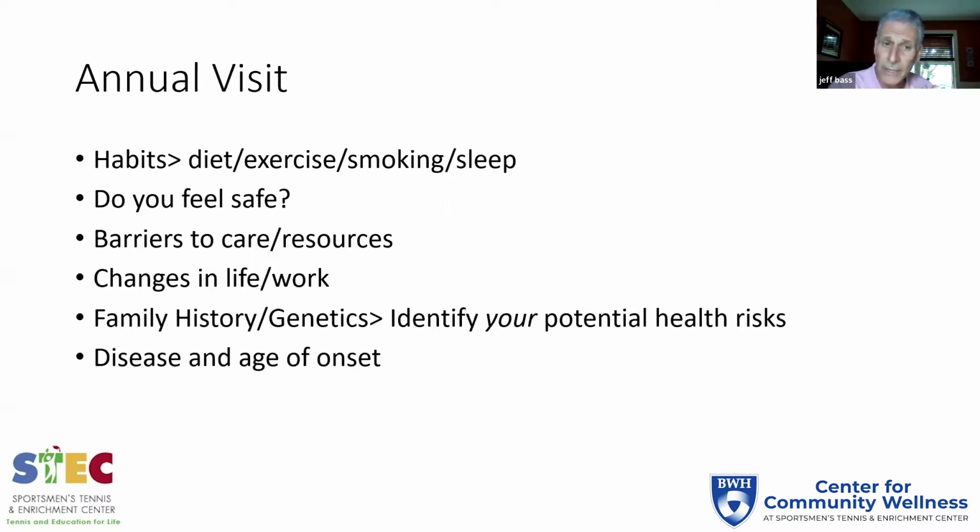And it's not only what disease runs in the family, but also the age of onset, because the earlier the age of onset of a disease, the more likely there is to be a genetic component. So if your mother had breast cancer at 38, I would be very concerned that there's a genetic component.